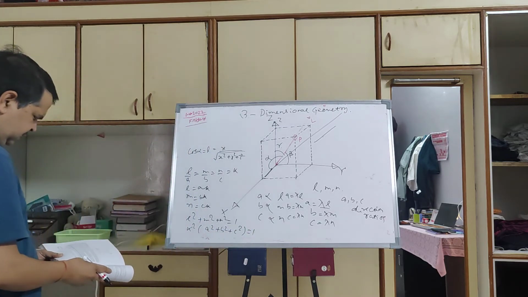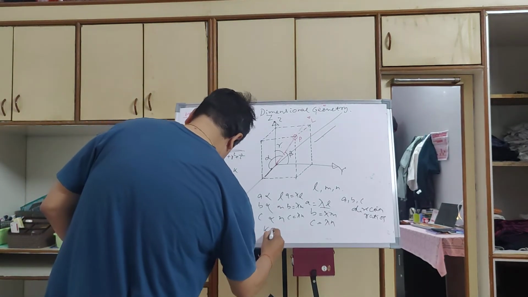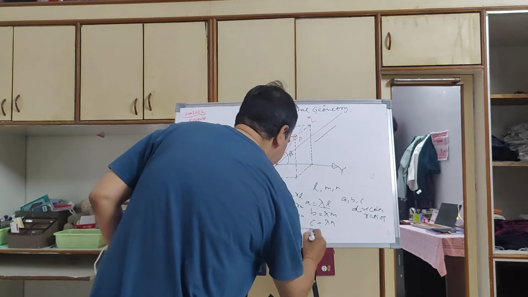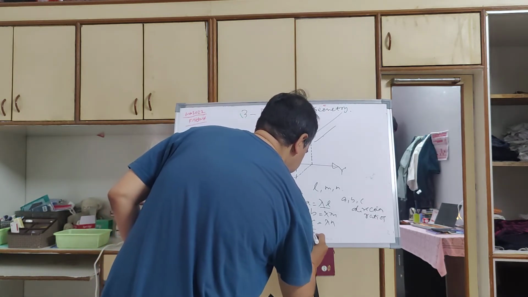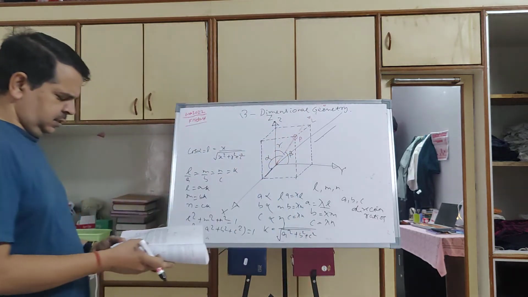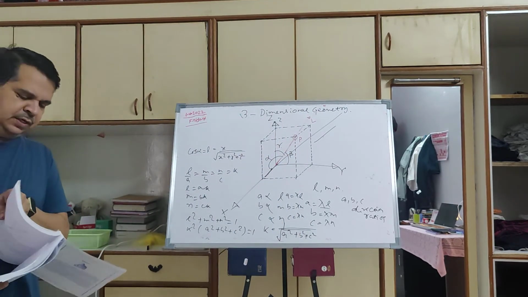Then you will find K is equal to 1 by the square root of A square plus B square plus C square. So this is your K value, K is the proportionality constant.